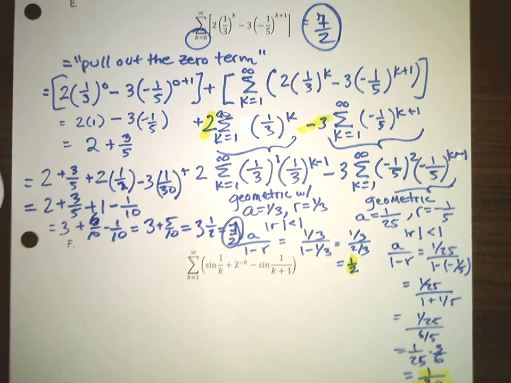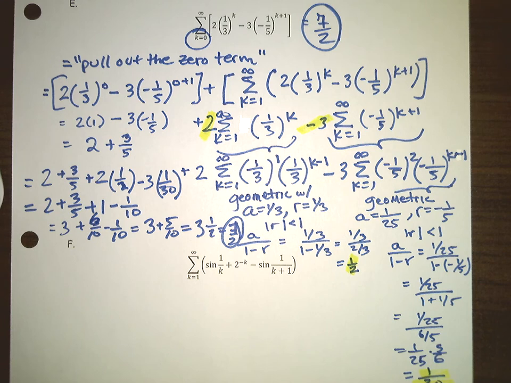So again, all I did was pull out the zero term and then use simple geometric series to do these. If you have any questions, let me know. But I think the hardest part is just recognizing what to do when, because of course this is all self-contained, that we're only looking at this type of problem right now.